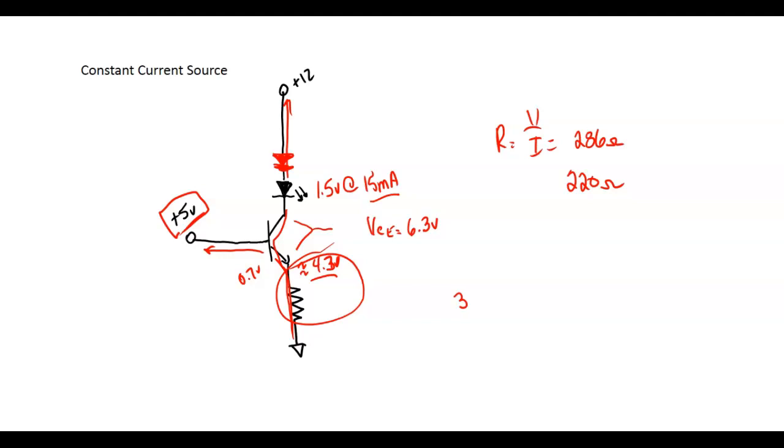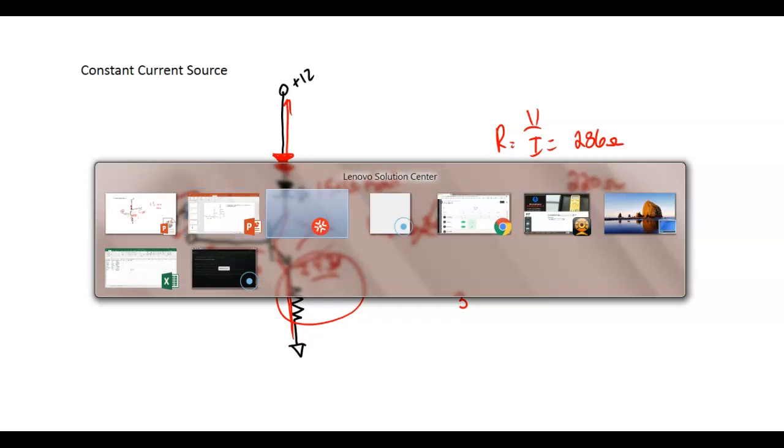So I add another diode, VCC automatically changes. I add another diode, VCC automatically changes, trying to maintain that 19 milliamps. So this is what we call a constant current switch, which is really cool. This circuit we could use to charge NiCad batteries, we could use to charge anything.